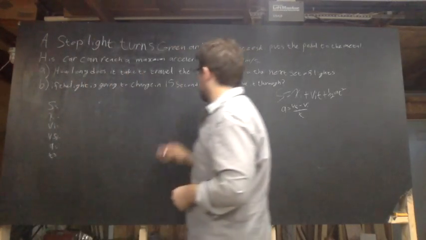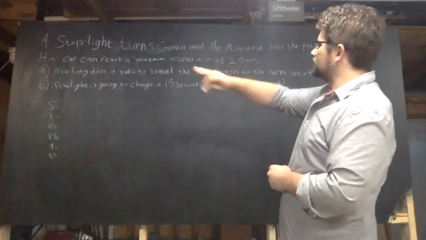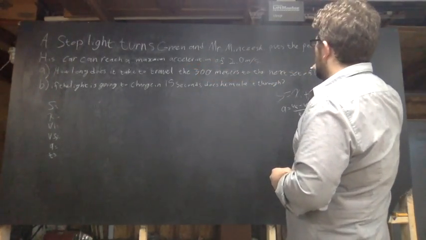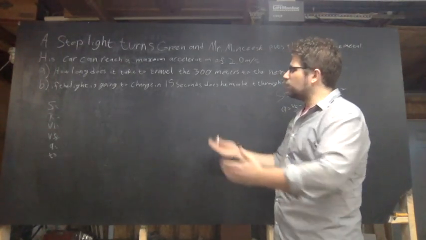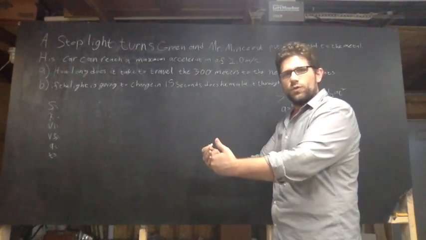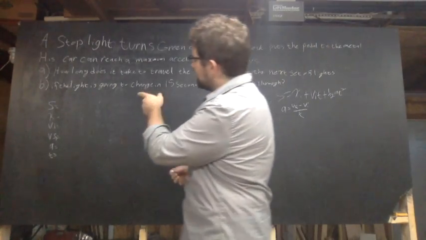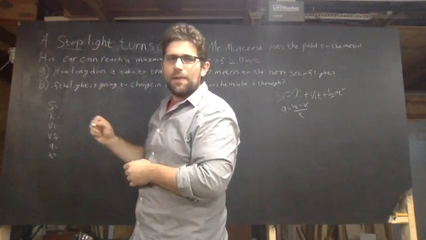And then we're just going to look at our problem to see which variables we already have. So, a stoplight turns green, and then Mr. Machewski puts the pedal to the metal. Well, that means that we start from a stop state. We start from rest, which means stop. That's our key word. Our velocity at that point is going to be 0.